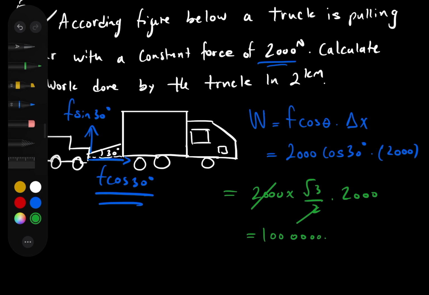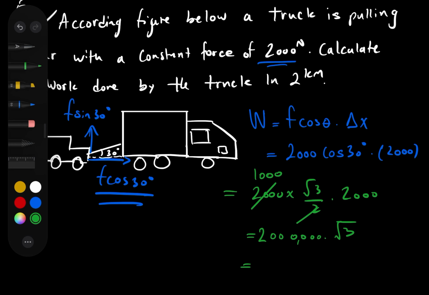I'm sorry, that becomes 2 million, because this 2 and this 2,000 cancel out to give you 1,000, and then 1,000 times 2,000 is 2 million, times radical 3.